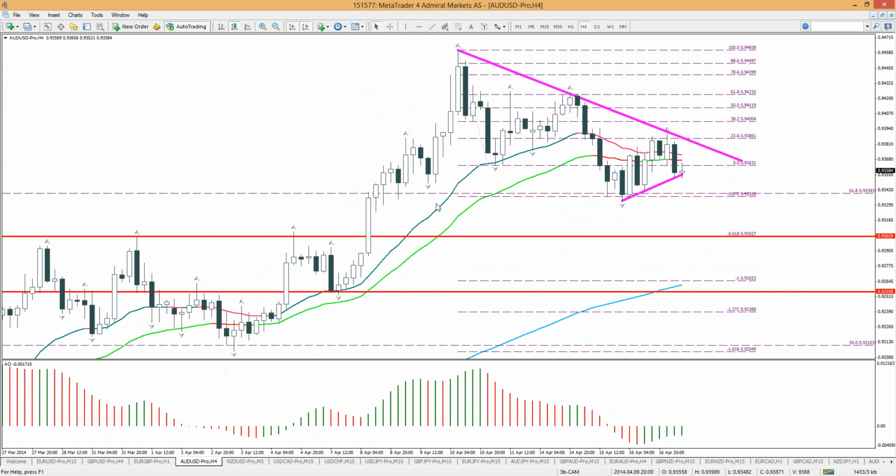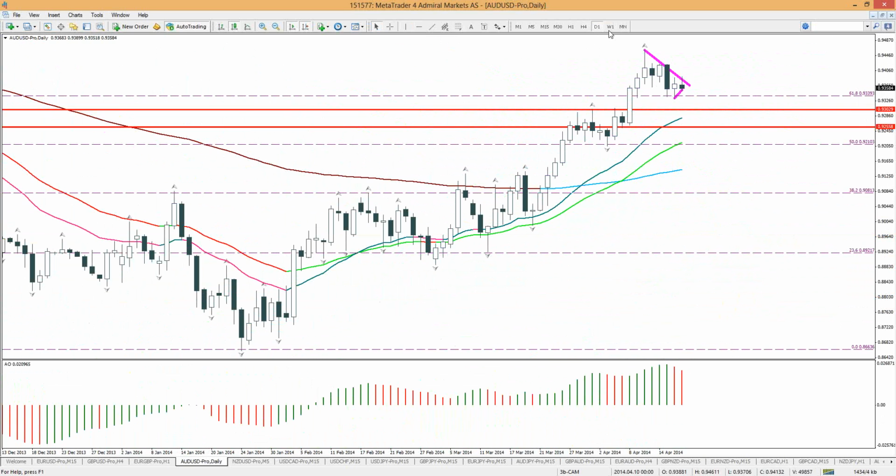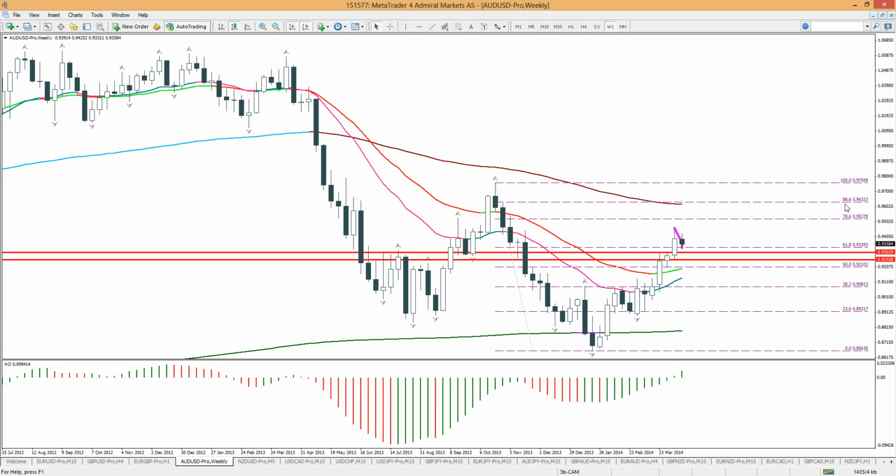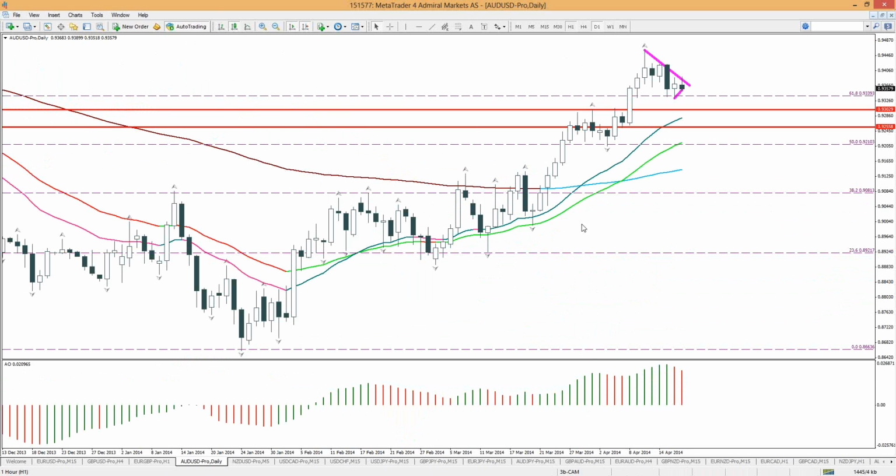Almost 4-1. But that's just the first target. It could go to the 886 fib, which is 96.20 as well. So part TP, part trailing stop could make sense to maybe optimize that R2R. In any case, close to 4-1 is already good enough, I would say.